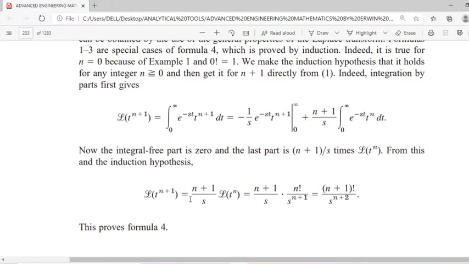So we can see that L of t raised to n plus 1 equals n plus 1 by s into, this term is 0. So L of t raised to n plus 1 is equal to n plus 1 by s into L of t raised to n.